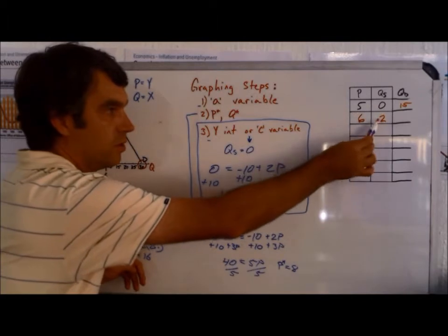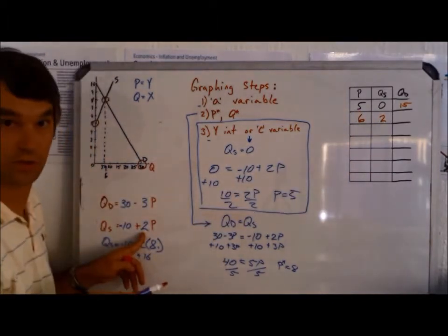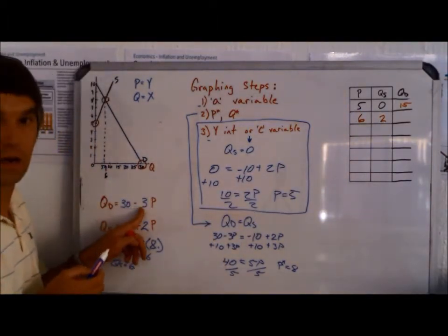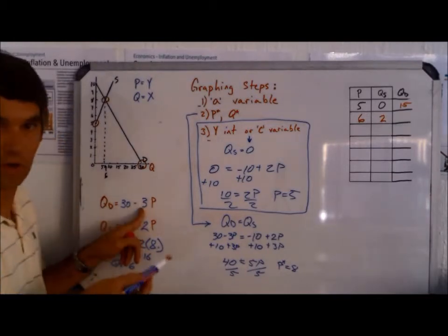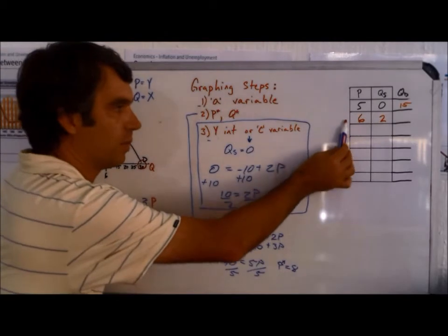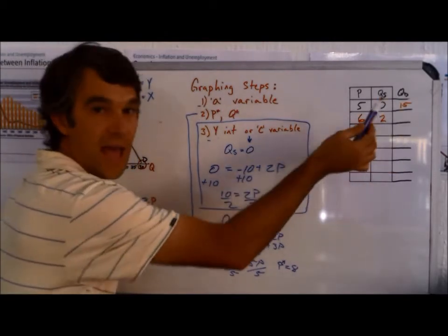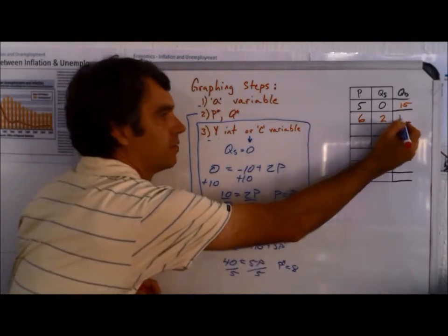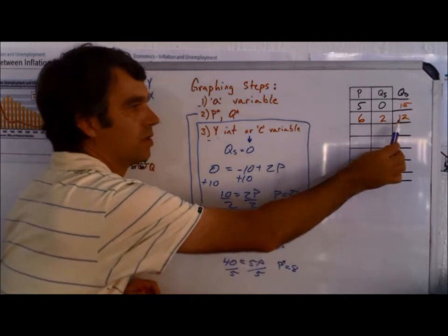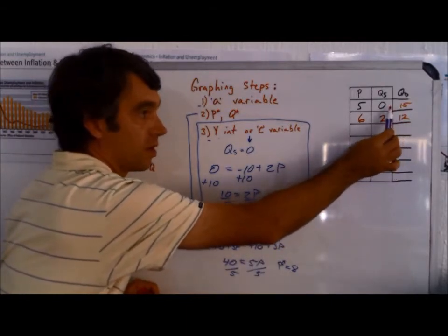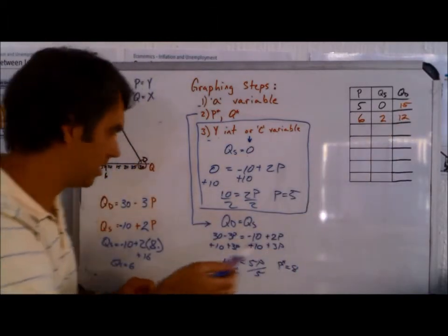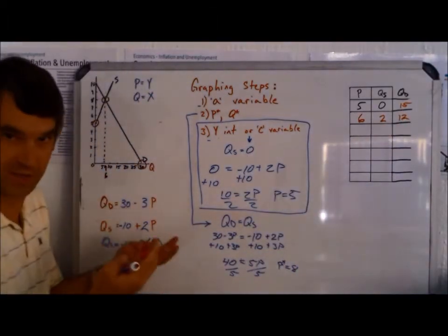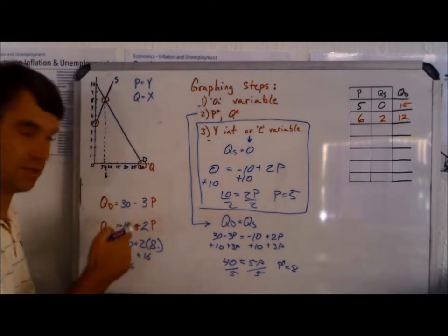So it's a run of 2 over a rise of 1, so 2. Likewise here, the same thing. So this is a run of negative 3 over a rise of 1. So price went up 1, quantity demanded has to decline by 3. So it's going to be 12. So we went from a shortage of 15 to now a shortage of 10, which again is a difference of 5, so that's the 3 and the 2 added together.